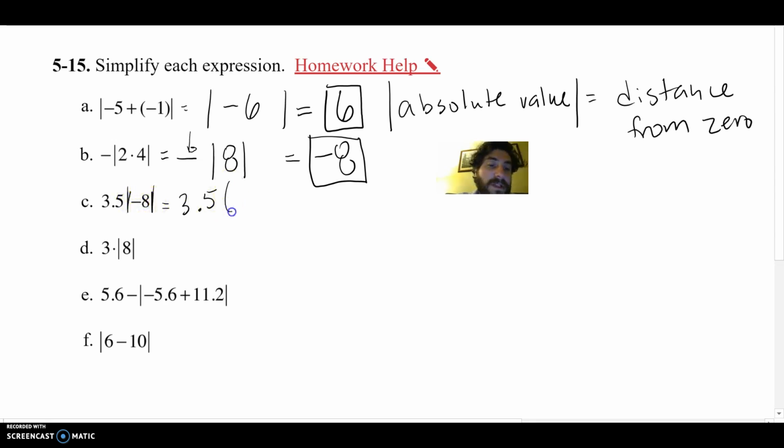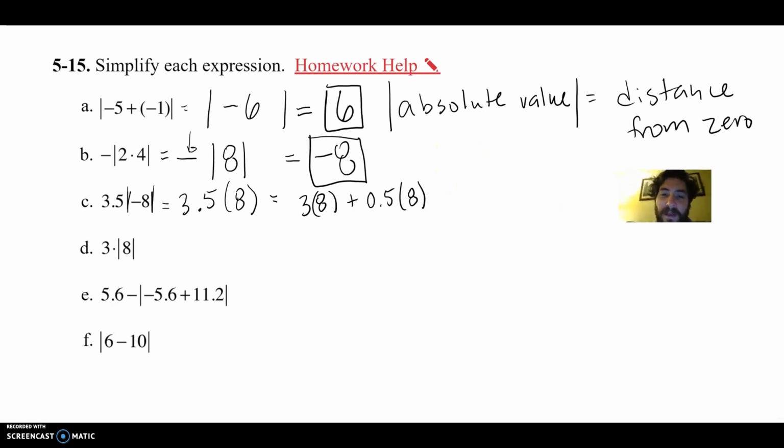So I'm looking for what is 3.5 eighths. Well, I know 3 eights is 24, and I know that half of an 8 is 4. So I'm looking for 24 plus 4, which is 28, is my answer there.